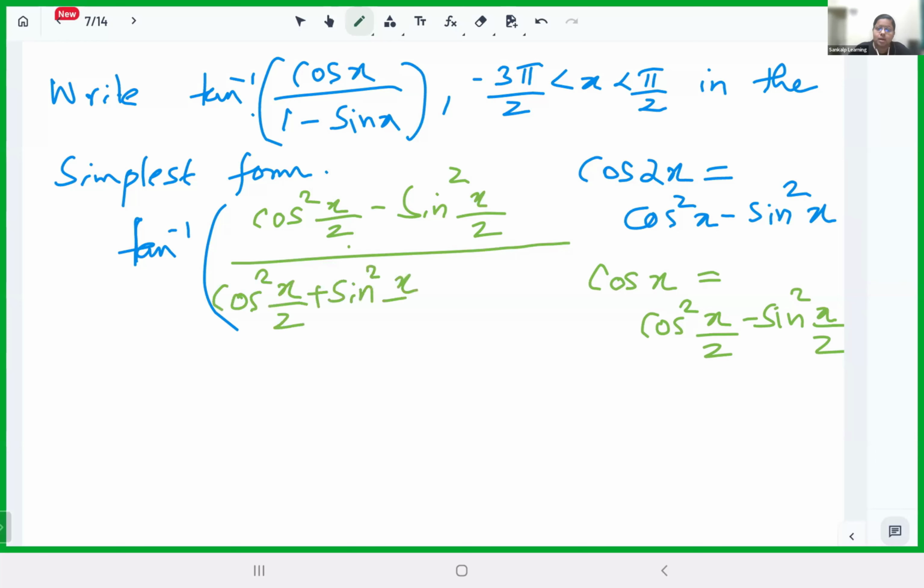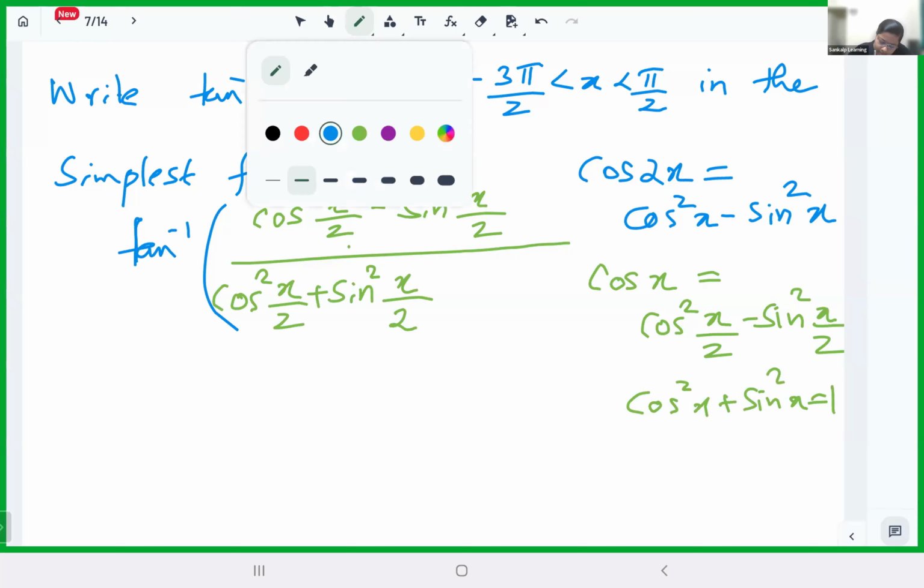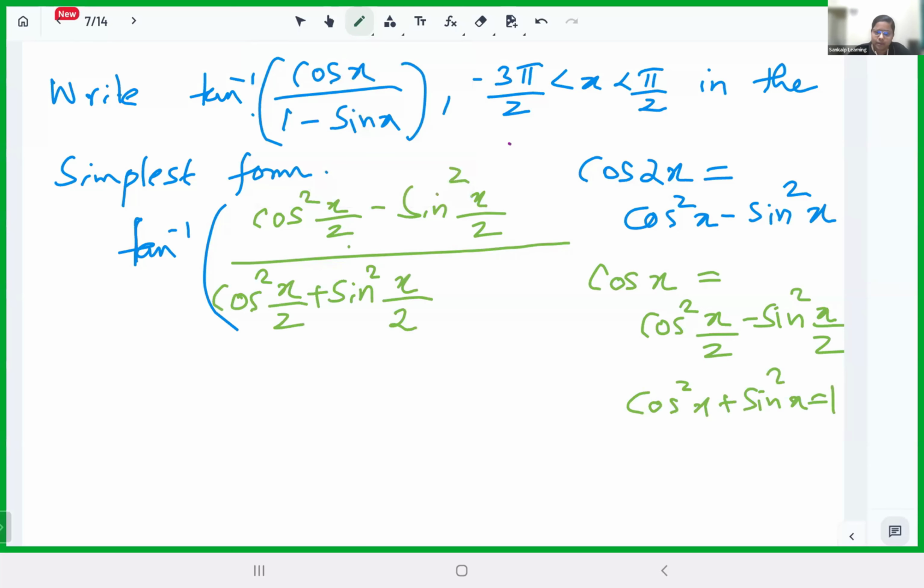Why am I writing like this? Because we know the identity cos square x plus sin square x is equal to 1. Since the numerator is in the angle x by 2, I am taking the denominator also as x by 2 in order to make the adjustment, because we need the simplest form, right?